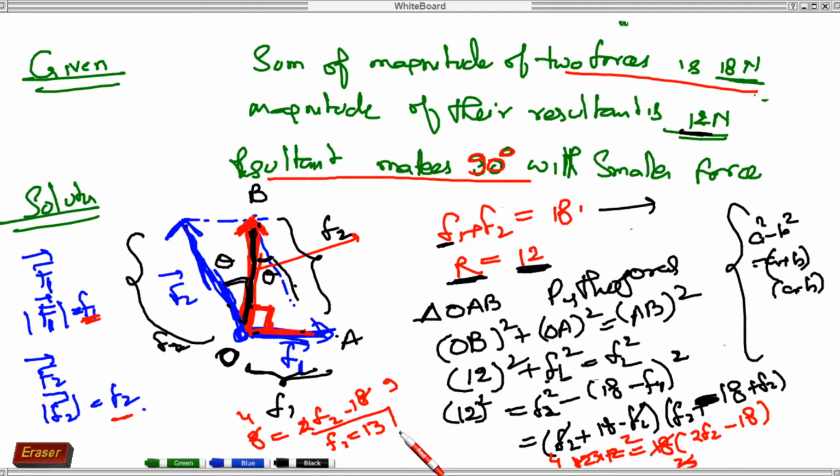What will F1 be? F1 will be 18 minus 13, that will be 5.